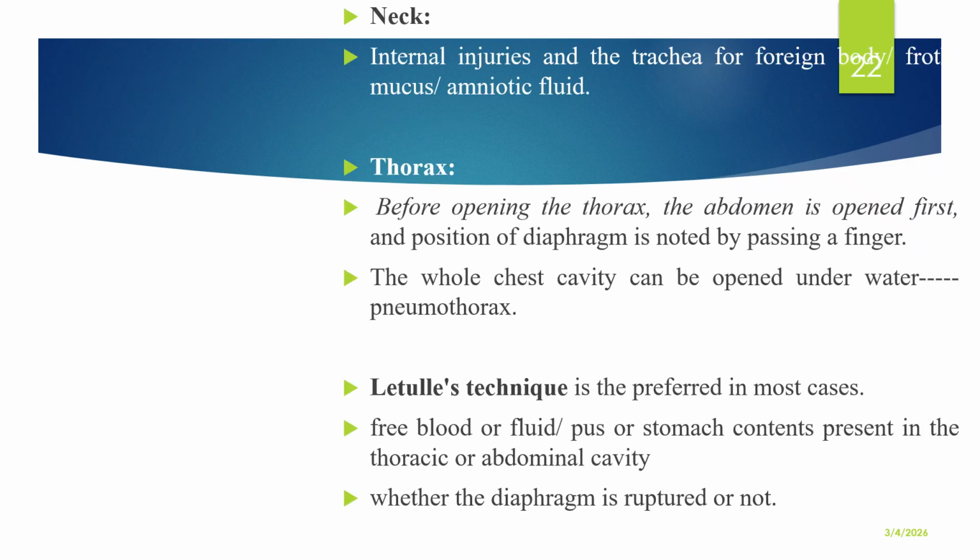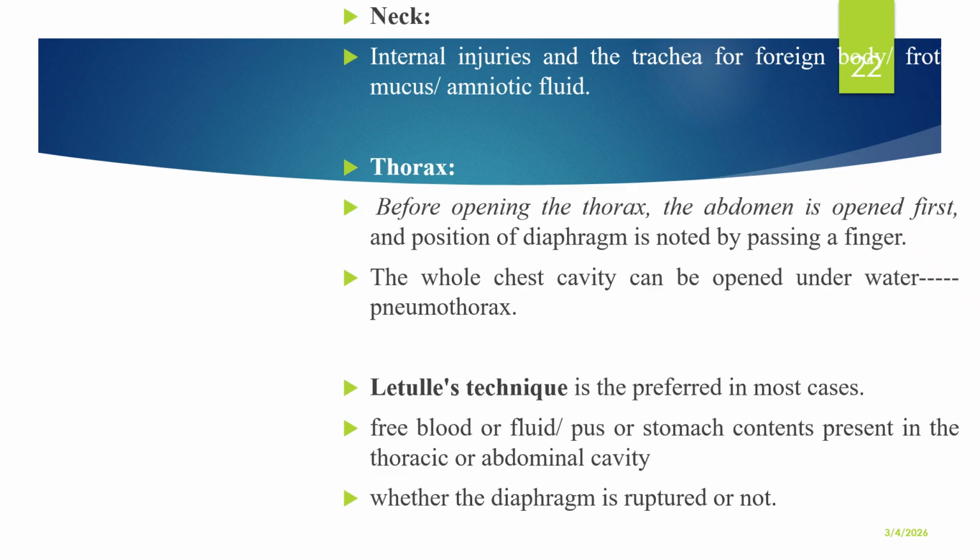Okay. Now, other structures that we will see are in the neck, we'll see for any internal injuries, and trachea for any foreign body. Thorax, before opening the thorax, the abdomen is opened first, and position of the diaphragm is noted by passing a finger.